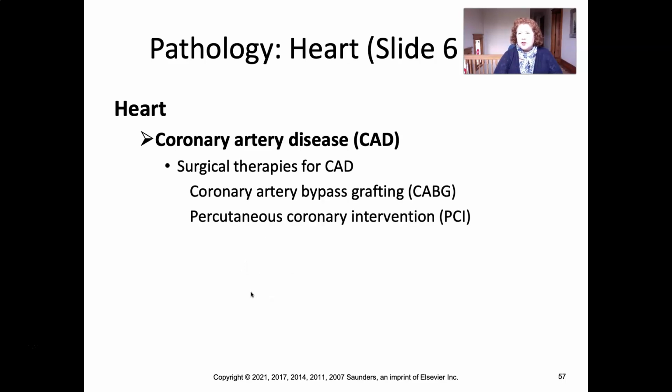There are also surgical therapies for CAD. There are percutaneous coronary interventions, if you've ever heard of stenting, where they can go in and put a stent, like a drug-eluting stent, or where they just go in and do angioplasty and clean the artery out.